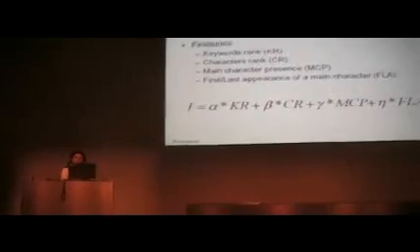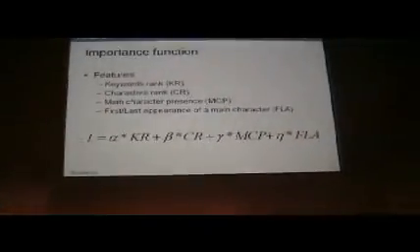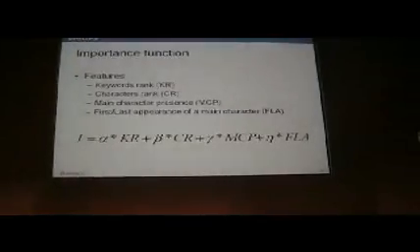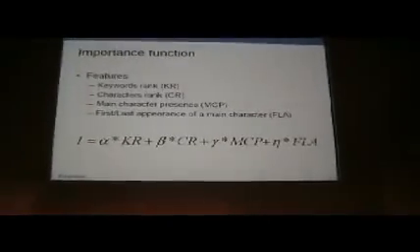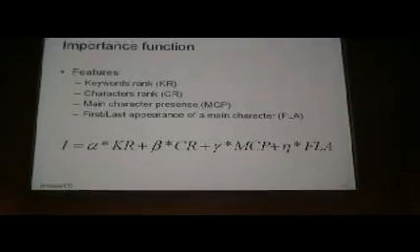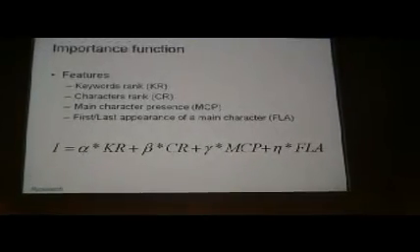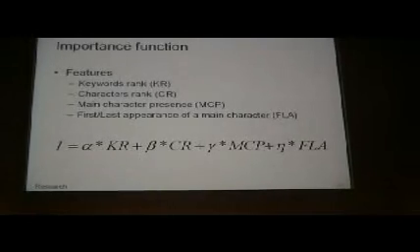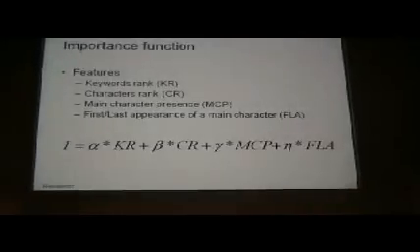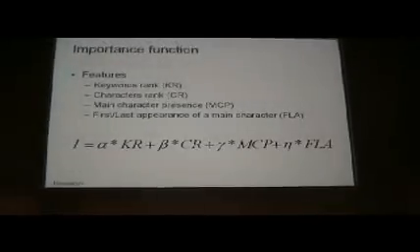And now that I have shown how we calculate the values for these features, we can come to actually ranking our scenes. So the features that I presented so far are keyword rank, character rank, main character present, and I add here first or last appearance of a main character.